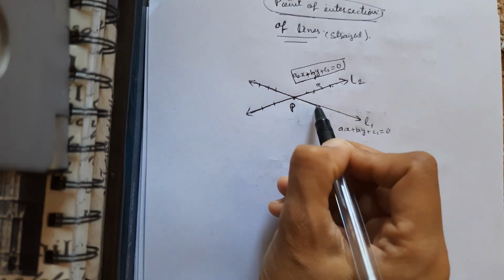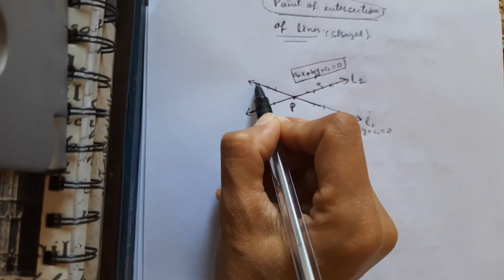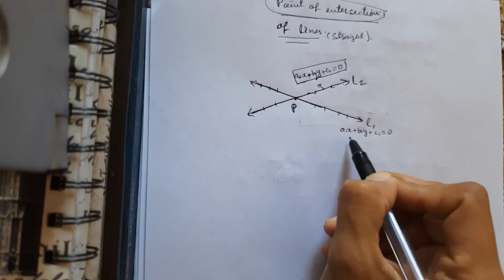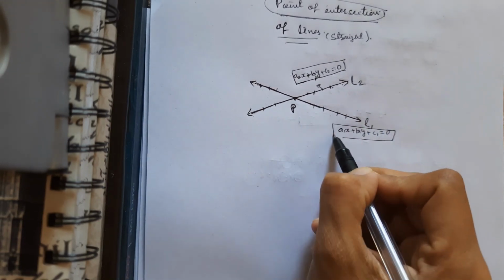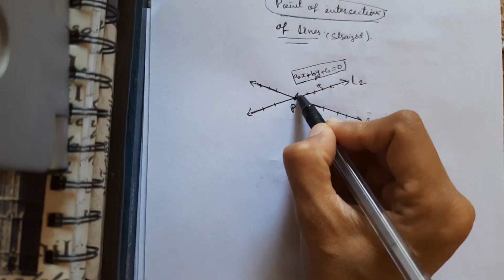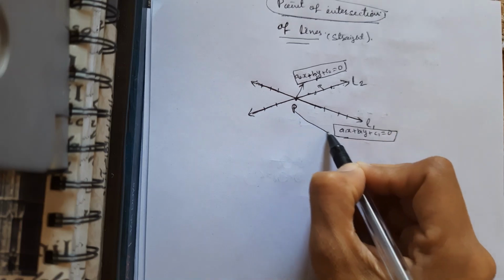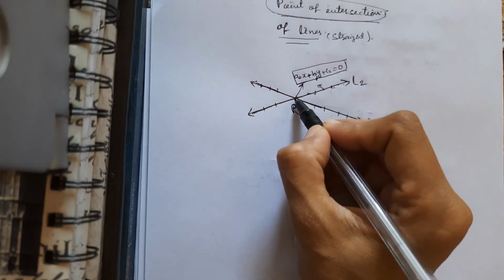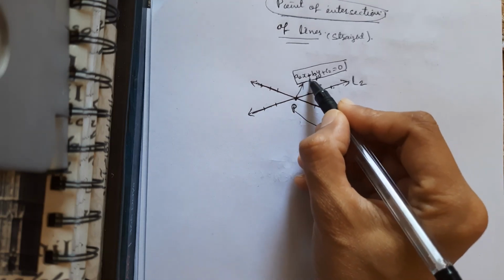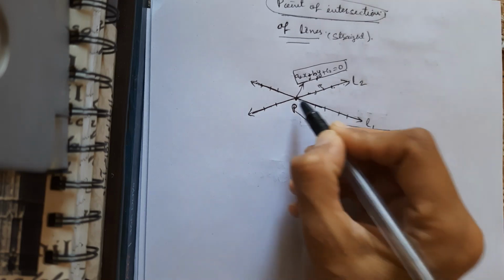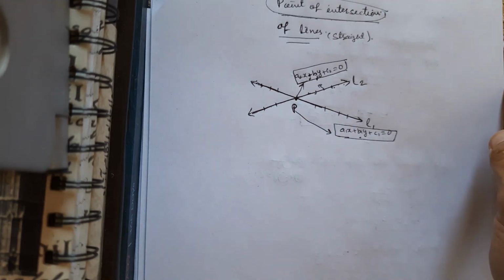Similarly, on this line L1, every point will satisfy this equation. But the point of intersection will satisfy this equation as well as this equation. So at the point of intersection, this equation is valid and this equation is also valid. That is the speciality of the point of intersection.